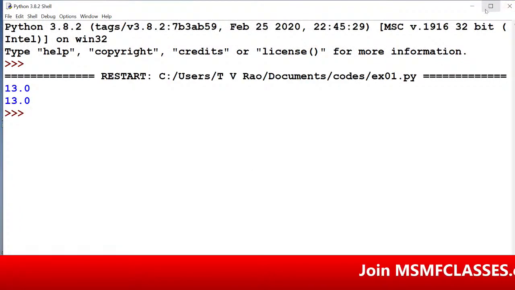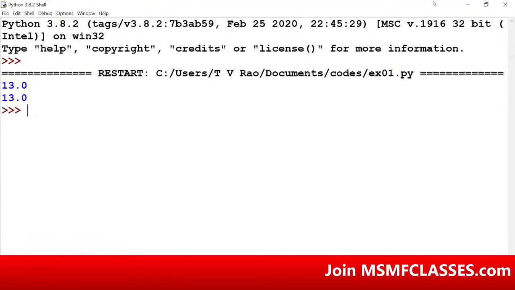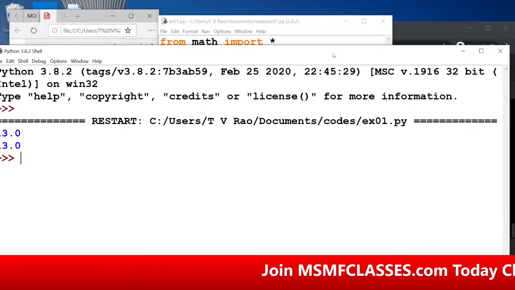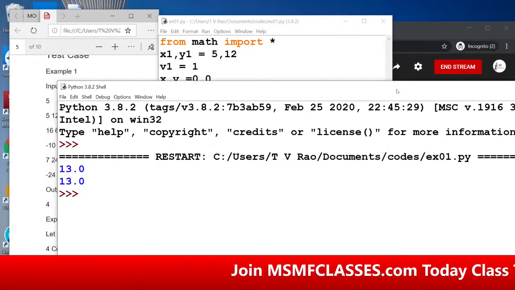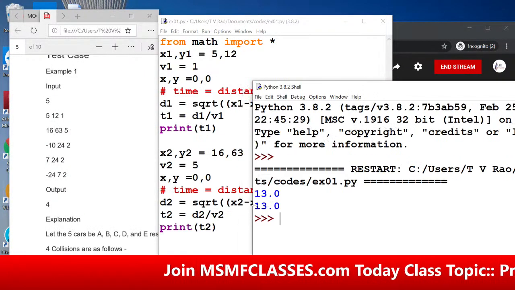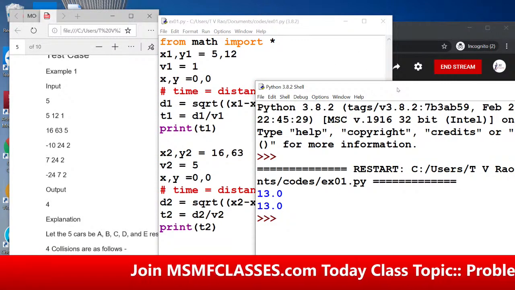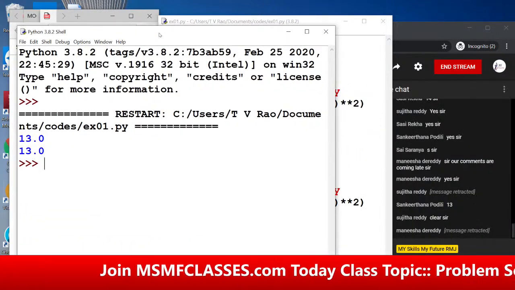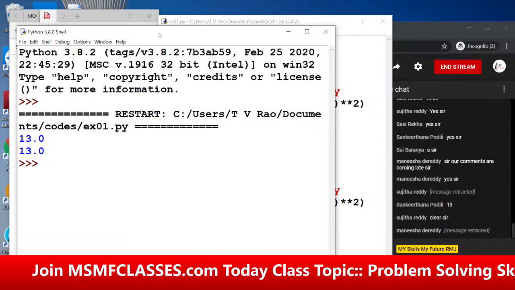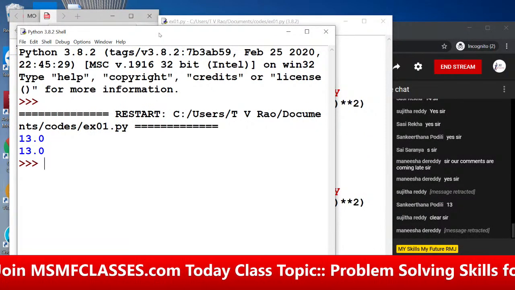Now both are 13. So both will reach the origin at the same time. So what does it mean? Car 1 and car 2 will collide with each other. Is this clear?